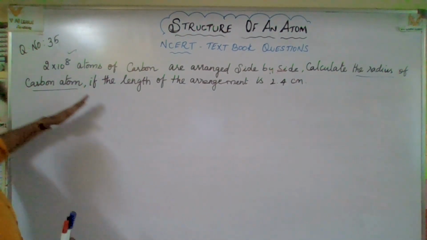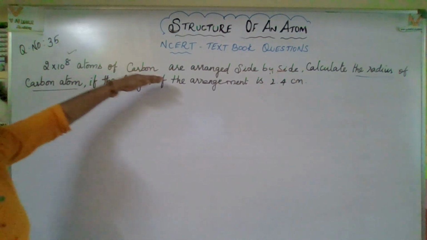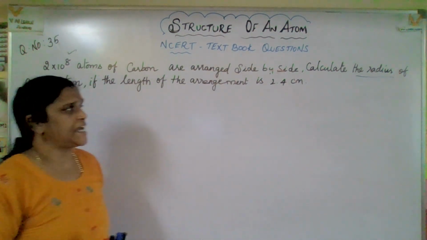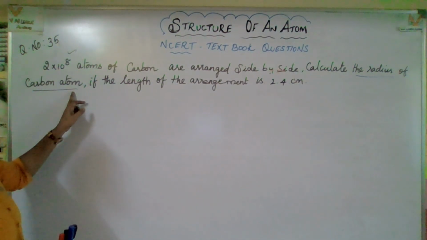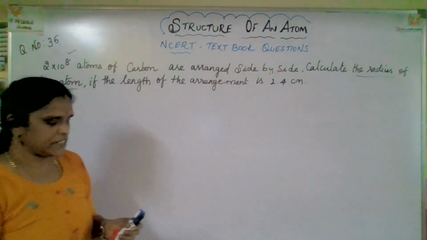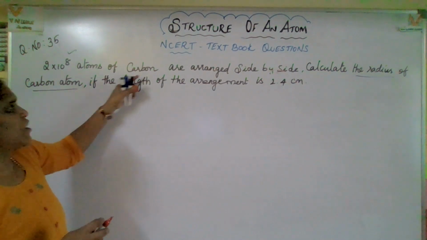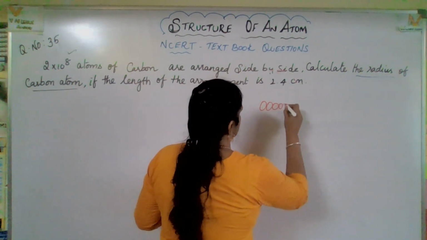This question is really interesting. 2 into 10 to the power of 8 atoms of carbon are arranged side by side. Calculate the radius of carbon atom if the length of the arrangement is 2.4 centimeter. See, the carbon atoms are arranged side by side like this.